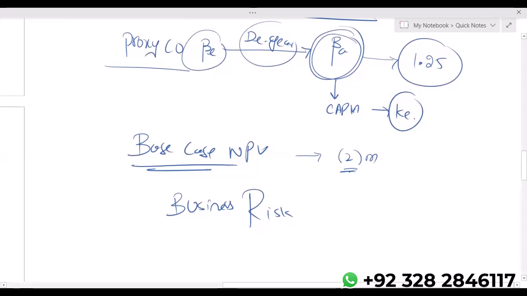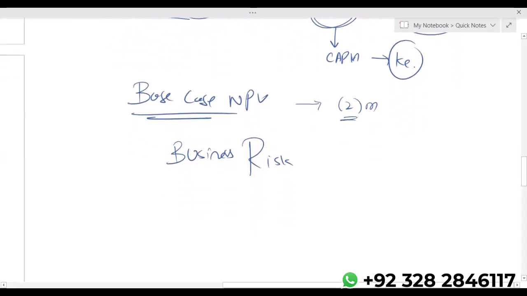One is base case NPV, the second is NPV of financing cash flows. How do we calculate NPV of financing cash flows? I'll be explaining within one or 2 minutes. But right now, assuming the base case NPV of the project is negative 2 million, let's assume the NPV of financing cash flow is positive 3 million. It means overall there's a positive APV.